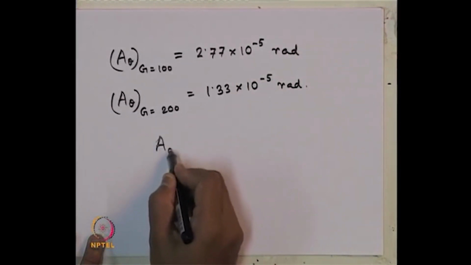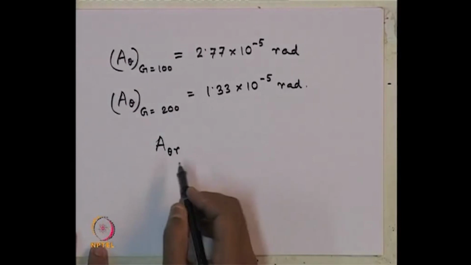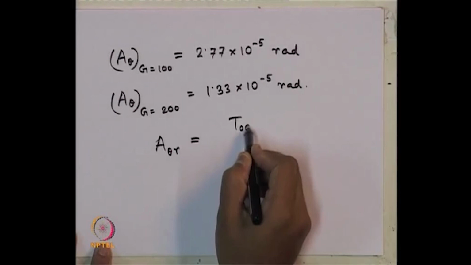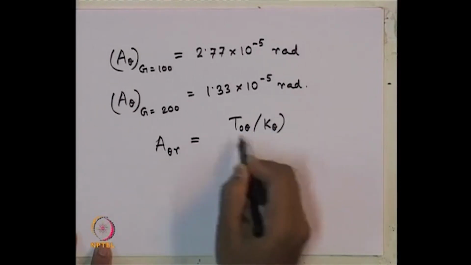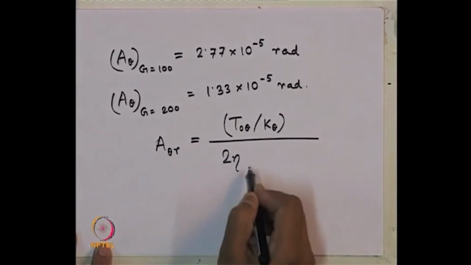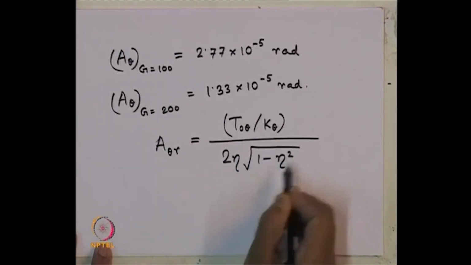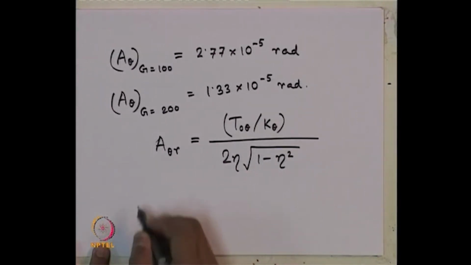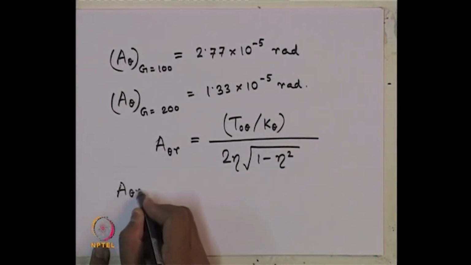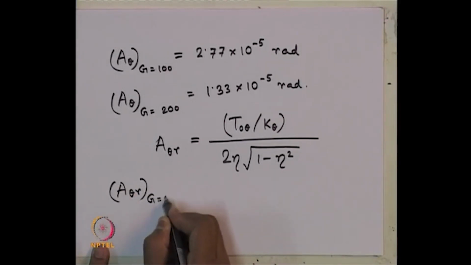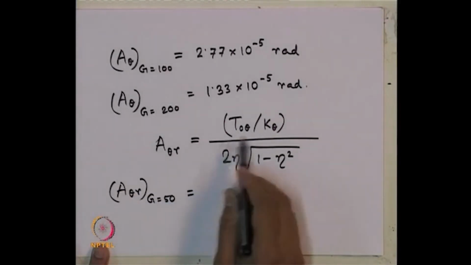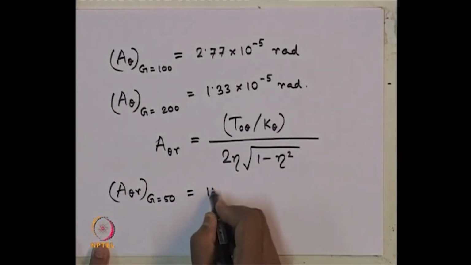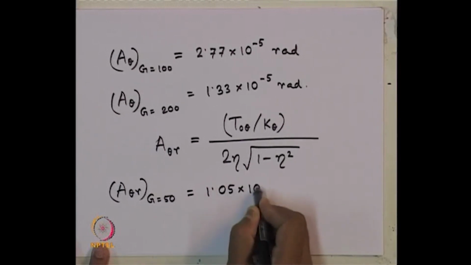Whereas, the expression to compute the displacement amplitude at resonance condition is T naught theta by k theta by 2 eta by root over 1 minus eta square, similar to the expression for DMF, dynamic magnification factor. So, A theta r at G equals 50 should be, putting corresponding values, we get eta is 0.25, 1.05 into 10 to the power minus 4 radian.